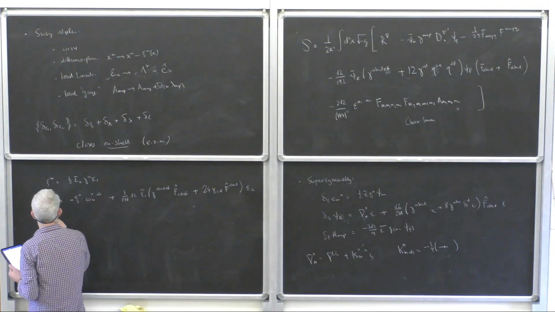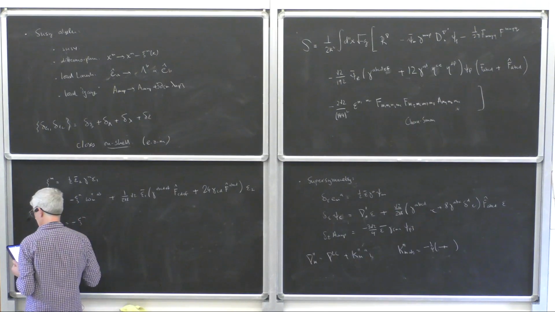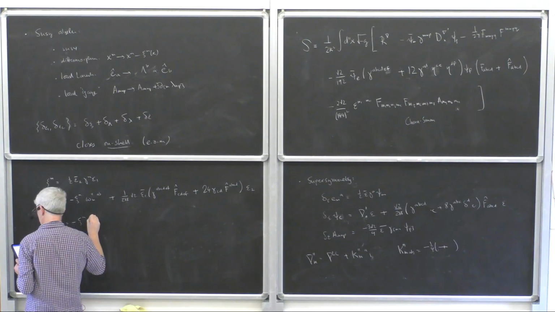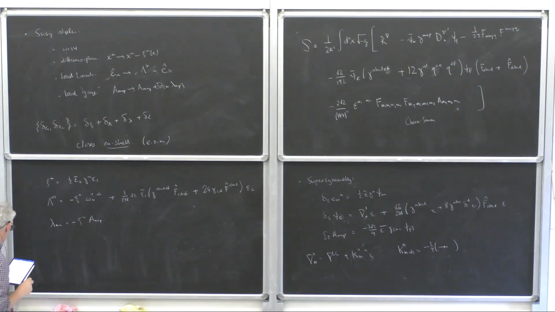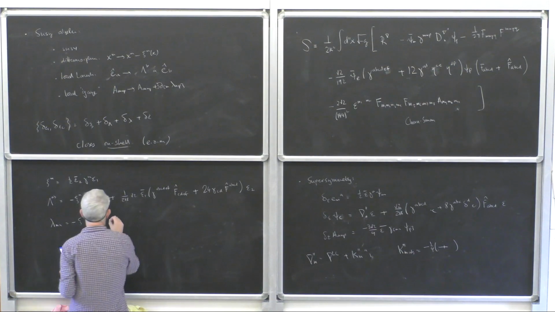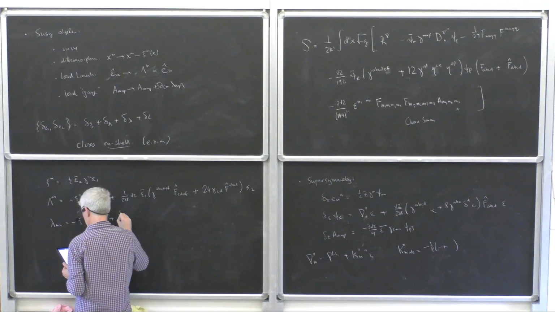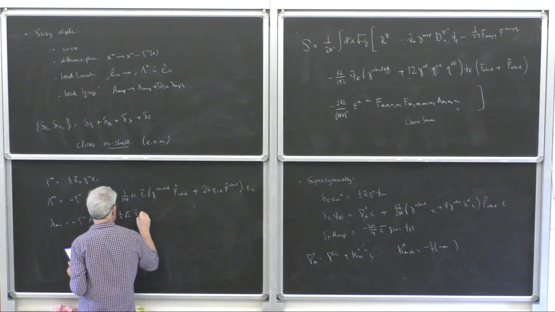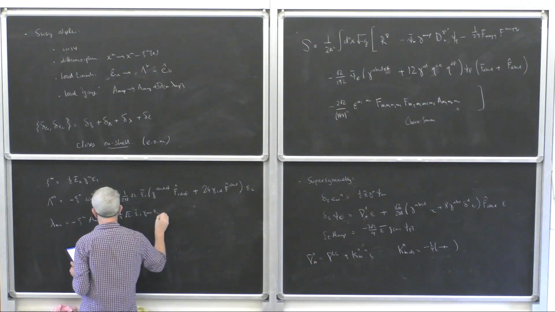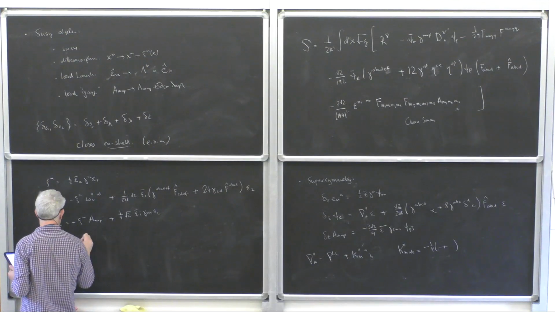I get a gauge transformation that again depends on the field A and has an extra piece, and finally I get a supersymmetry transformation that depends, again, is field dependent.